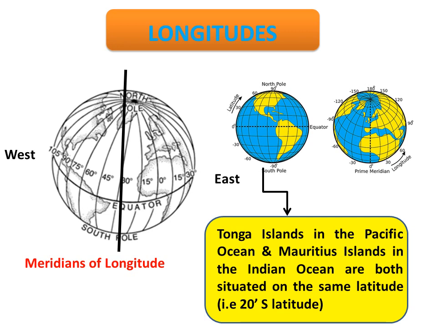These lines of reference are called meridians of longitude, and the distance between them is measured in degrees. So students, in the picture you can observe longitude is measured by imaginary lines around the earth vertically that meet at the north and south pole.